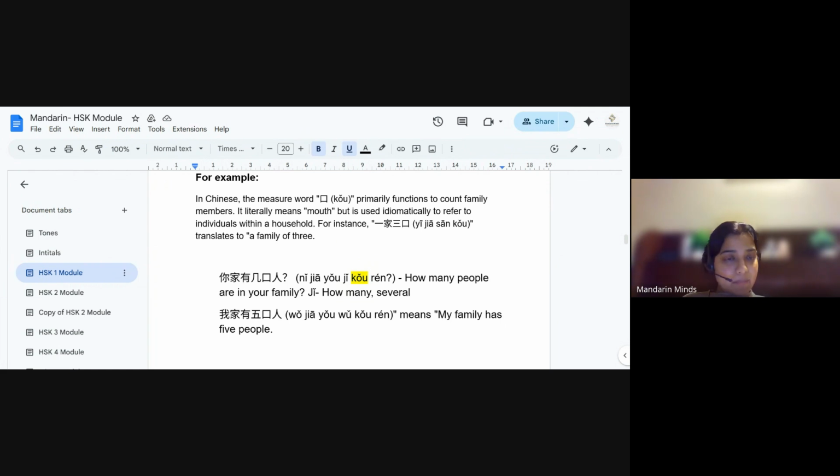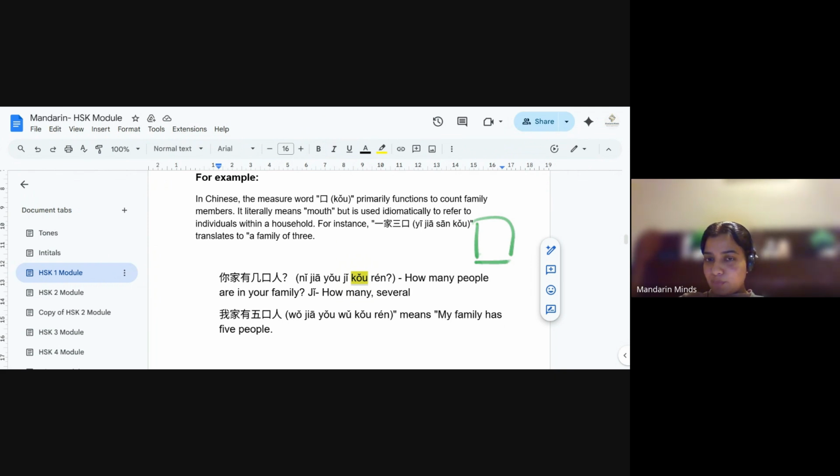For family members, we don't use ga. Ga is for general people, one person. But when we are describing how many family members do we have, we use ho. Ho basically means mouth. You see, the character of ho is this, which resembles a mouth in a way.